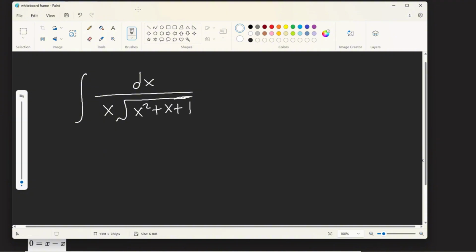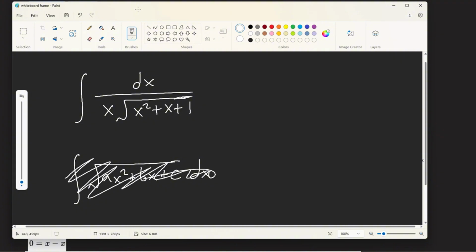If you want to do full out Euler sub, that's like doing integrals like this, right? But we don't do that in speed integration. We would just do Trig-Substitution, because Euler substitution is nasty. And it's a pain to memorize, so we don't ever use Euler sub with this. We just go straight into Trig-Substitution.